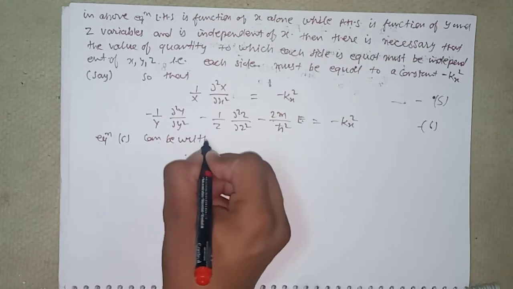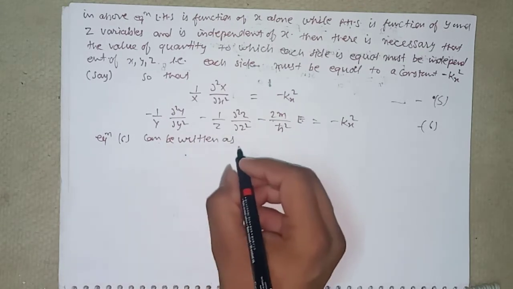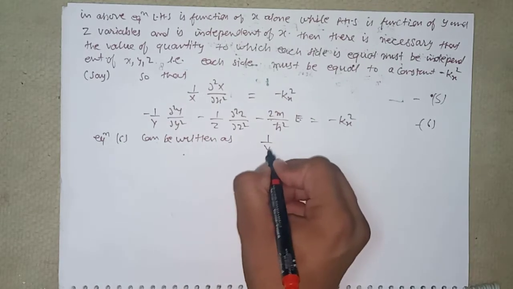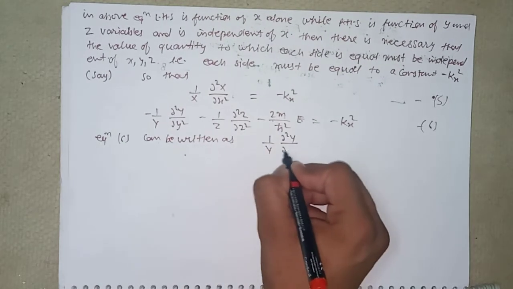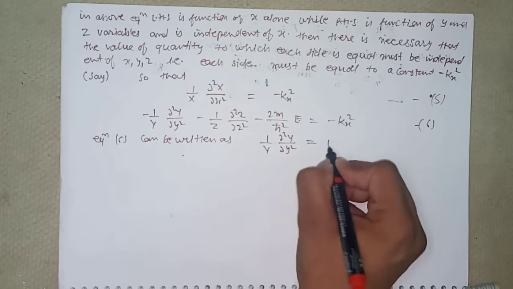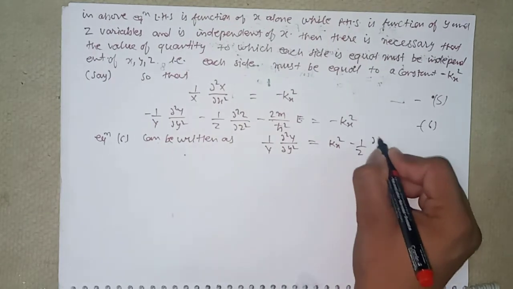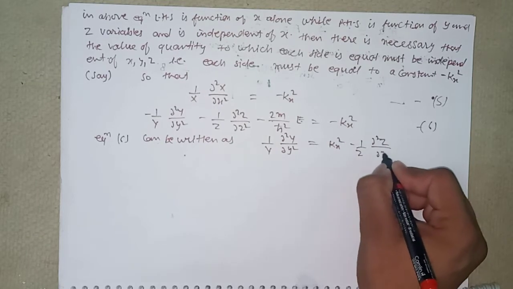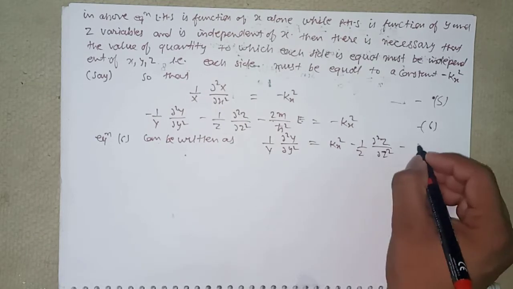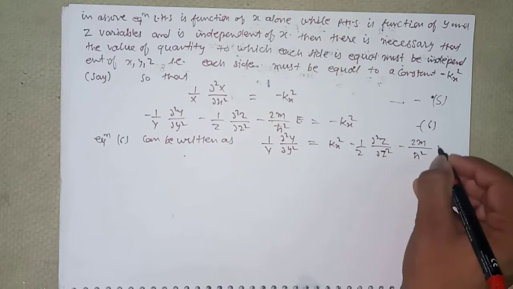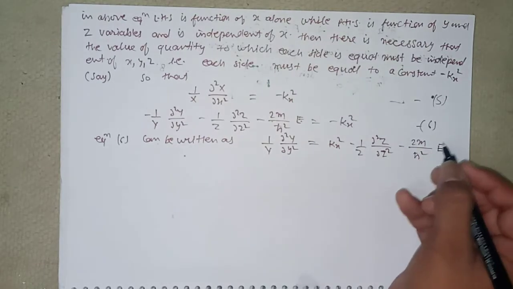Equation 6 can be written as 1 by y del 2y over del y square is equal to kx square minus 1 by z del 2z over del z square minus 2m over h cut square e.